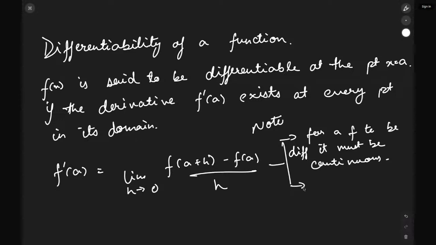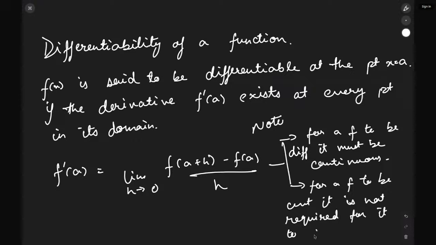But if a function is continuous at a point, then it does not mean that it will always be differentiable. For a function to be continuous, it is not required for it to be differentiable at that point.